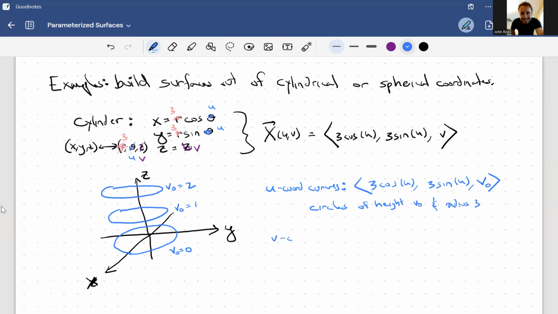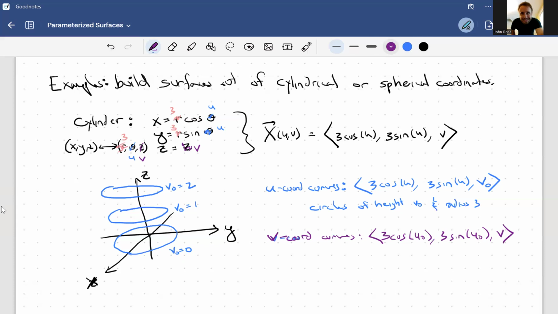Great. What about our v-coordinate curves? Whoops, and I'll switch to purple to keep the coloring consistent. So for our v-coordinate curves, that means we're fixing our u value and we're letting v vary. And so for a fixed u value, this would be 3 cosine of u naught, 3 sine of u naught, v, as v is allowed to vary.